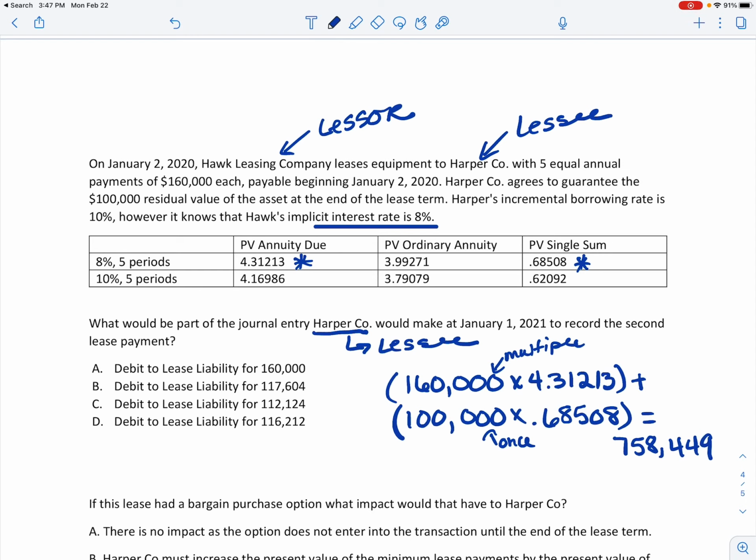That's not what they're asking for, though. They're asking for what we need to record that second lease payment. So, using the effective interest method, I take the $758,449, subtract the payment I made originally, multiply all of this by 8%, and it's going to tell me my interest amount was $47,876.